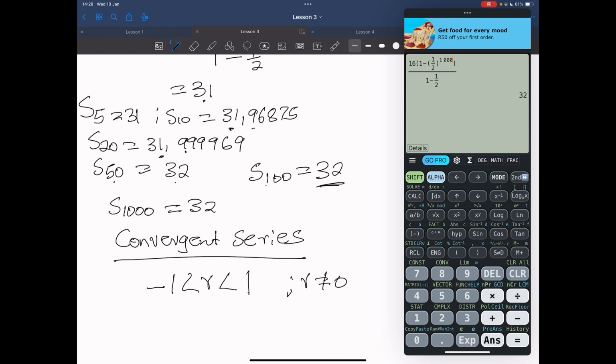So we are going to look at an example of a question where they ask us about a convergent series.